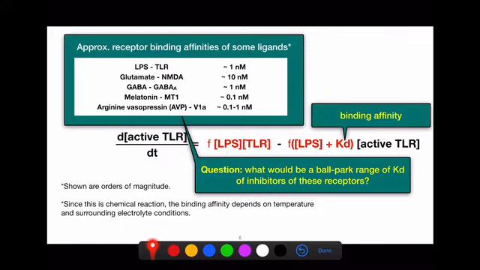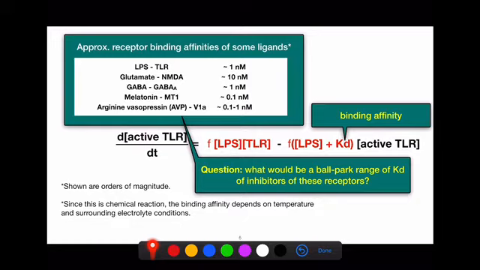Also, an important thing to notice is that this is a chemical reaction. So the binding affinity should depend on temperature. But the binding affinity, which is the dissociation constant, is the reverse rate versus the forward rate. And what changes the rate is temperature, of course.